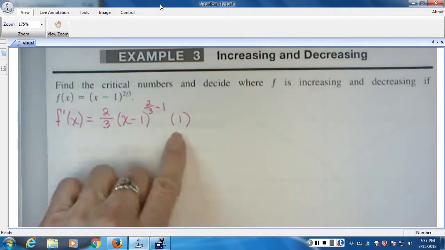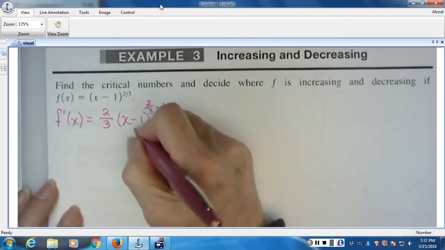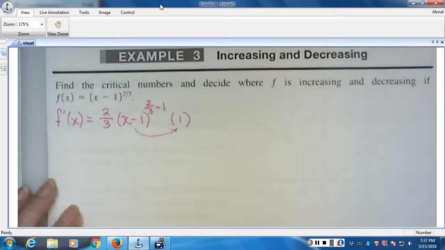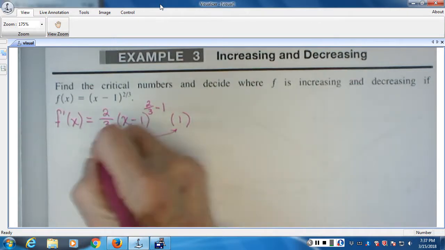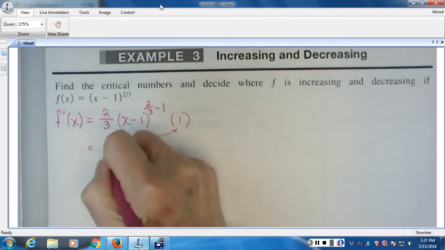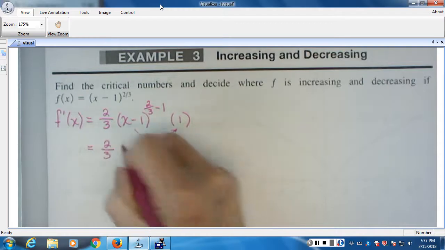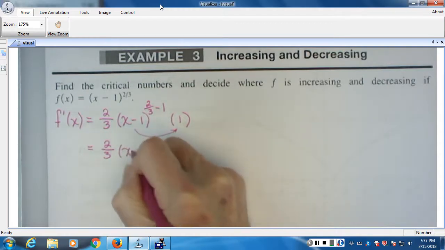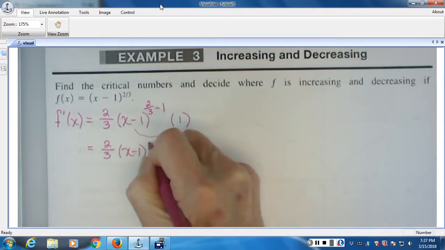The reason it's not hard is the derivative of your inside function is just 1, so it conveniently excuses itself and gets out of the way. Okay? So it's 2/3 times (x minus 1) to the negative 1/3.